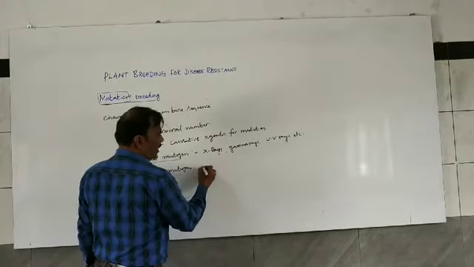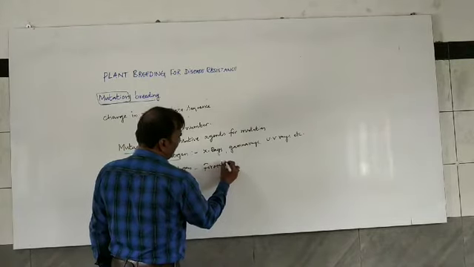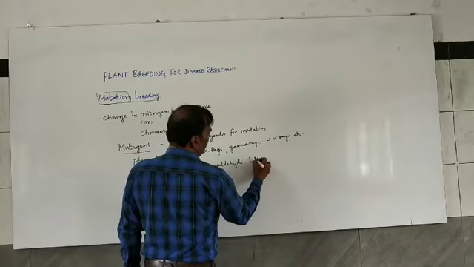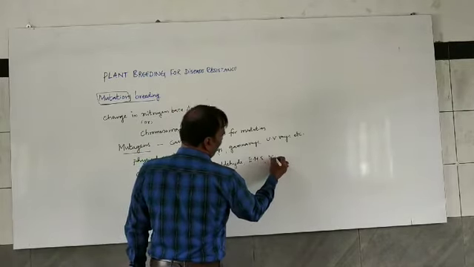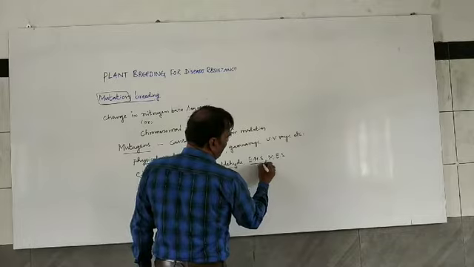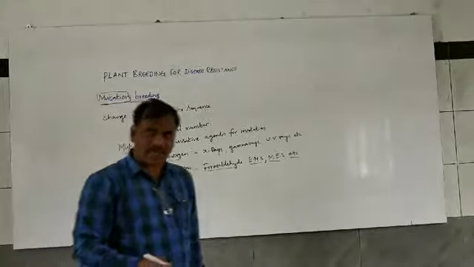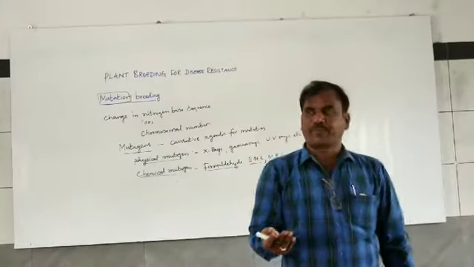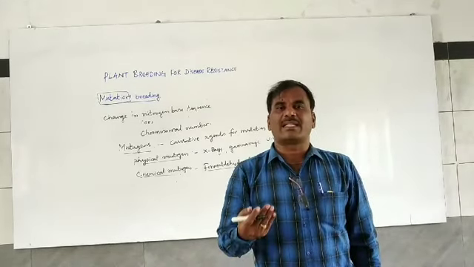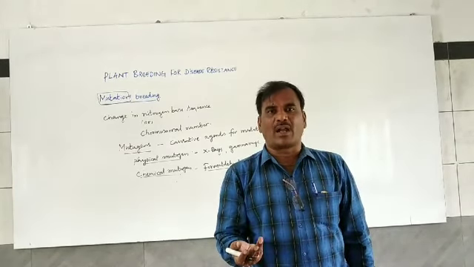Chemical mutagens are some chemicals we can use. What are those chemicals? Formaldehyde, ethyl methane sulfonate, methyl methane sulfonate, etc. Using these chemicals, we can induce mutation, whereby we can see some desirable characters, some changes in the plant character, whether they are useful or not.